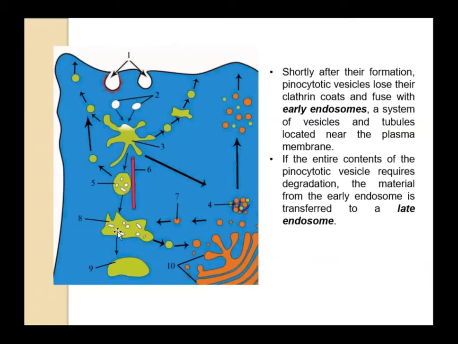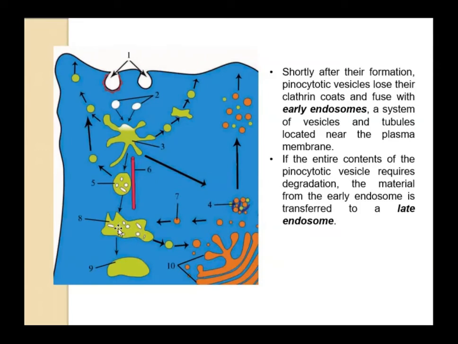So finally the late endosomes are formed. That is another membranous compartment located at a deeper level within the cytoplasm. The H pumps in the late endosomal membrane further acidify the lumen of this organelle, which is needed for digestion here.